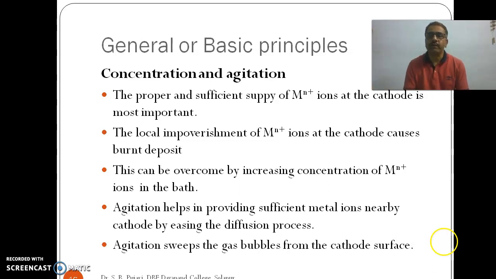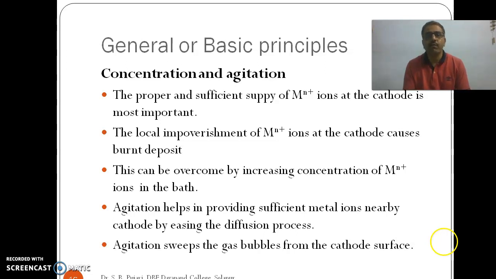Therefore, the proper supply and maintenance of the concentration of the metal ions plays a very important role. The local impoverishment of the metal ion concentration at the cathode causes burnt deposits. So your electroplating starts, but you are not getting a sufficient quantity of metal ions near the cathode, then how will the metal ions get deposited uniformly on the cathode? Because of the shortage, the impoverishment of the metal ions, you may get burnt type deposition.